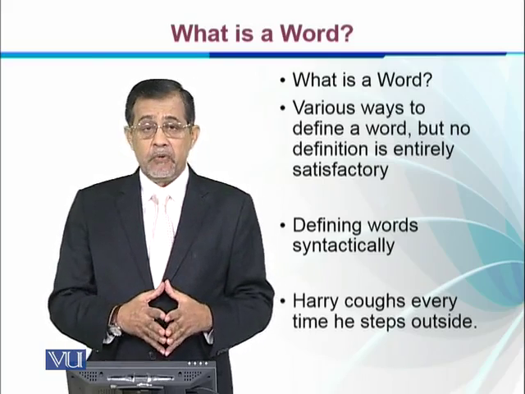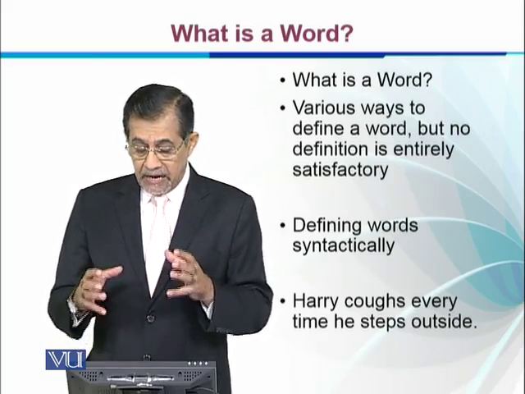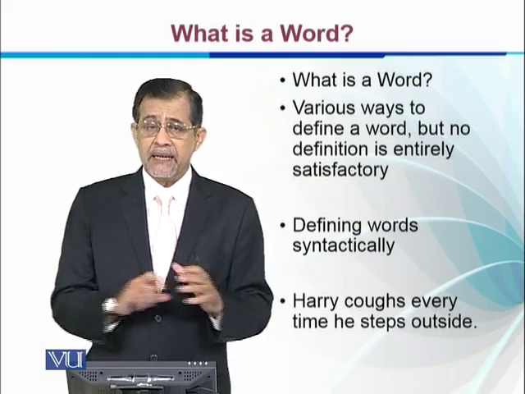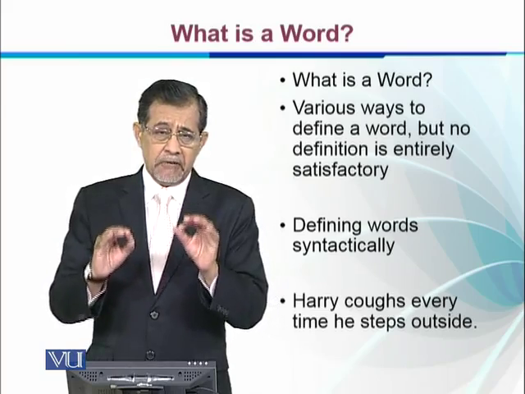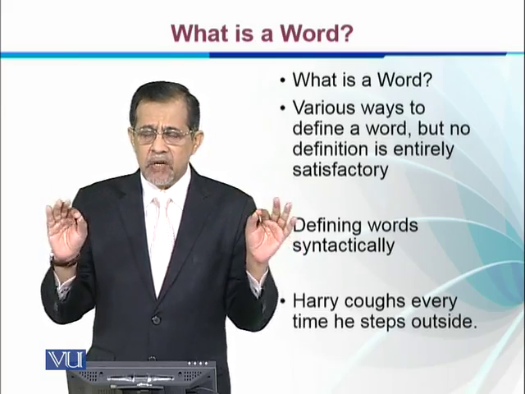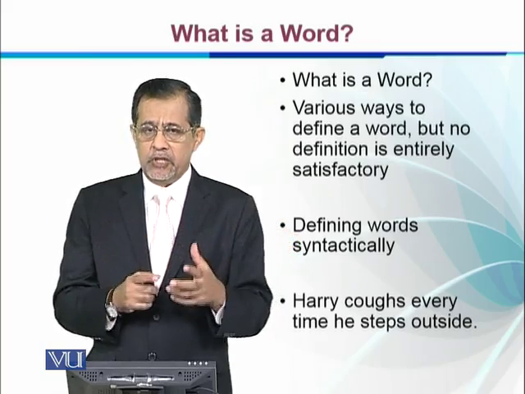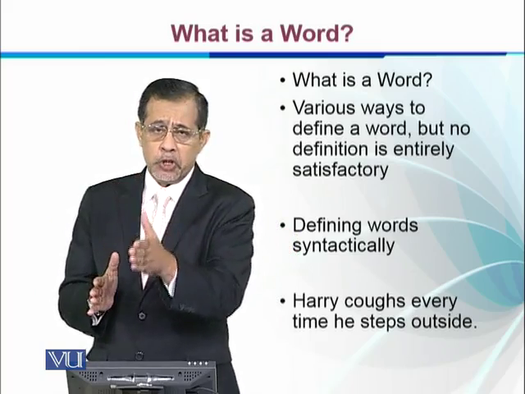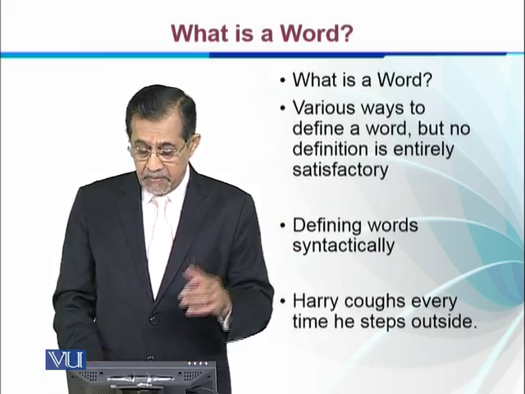For example, look at this sentence: Harry coughs every time he steps outside. It is a correct English sentence in which we know that words are combined in a certain order. We cannot change this order, or we have limited options to change it.